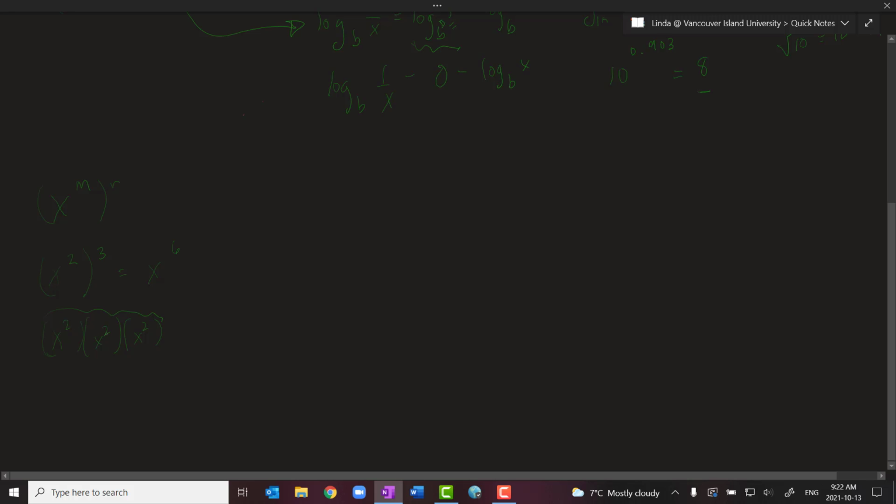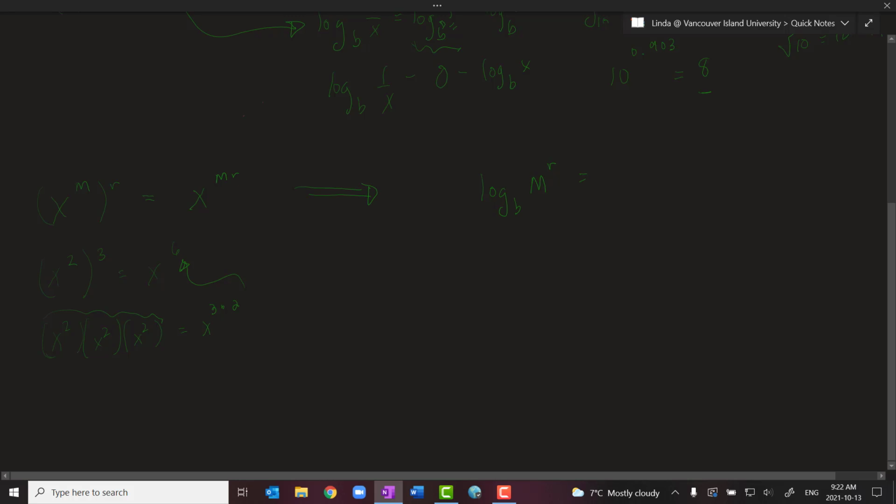We add. So 2 plus 2 plus 2 is equal to 3 2's, which is equal to 6. So the rule here is that we multiply the m times the r.